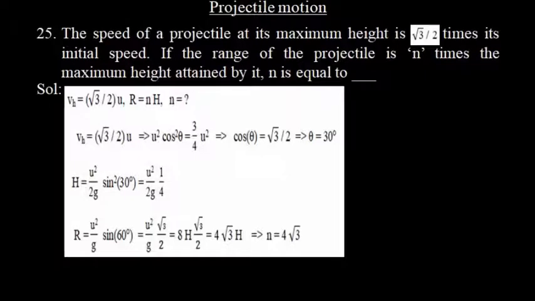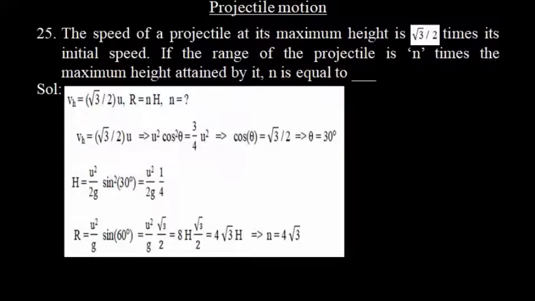Next problem. The speed of a projectile at its maximum height is root 3 by 2 times its initial speed. If the range of the projectile is n times the maximum height attained by it, n is equal to. That is, they had given some relation between the range and the maximum height, that is, R is equal to nH.